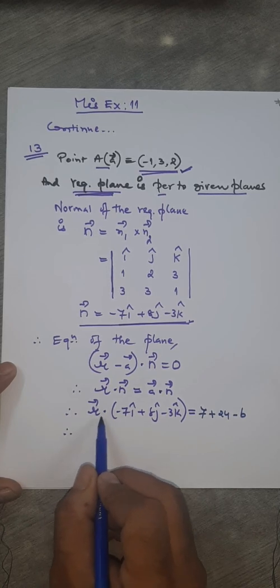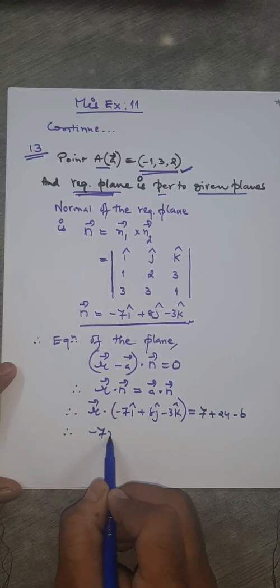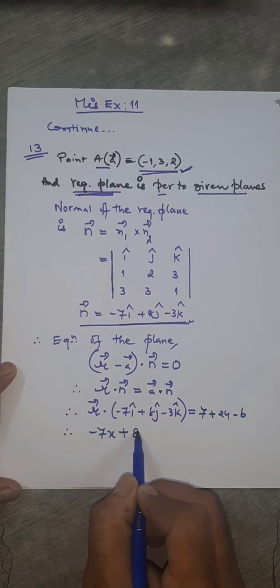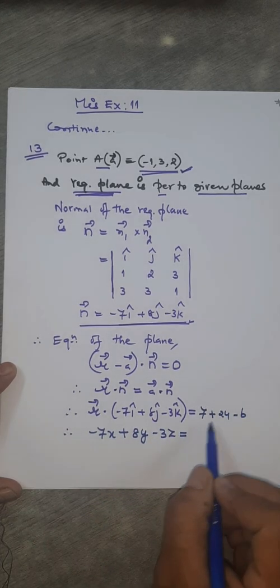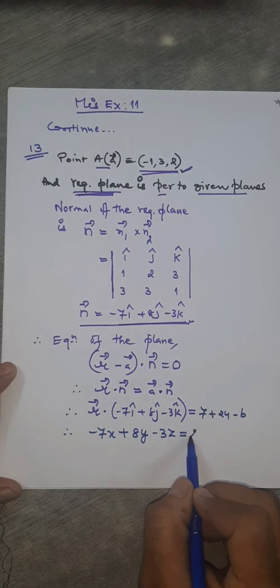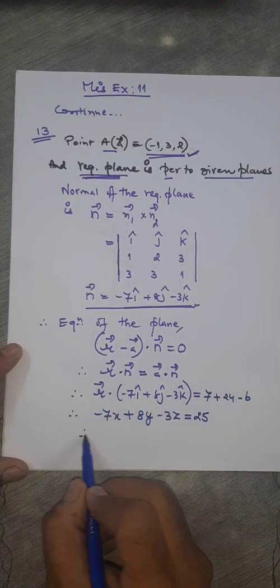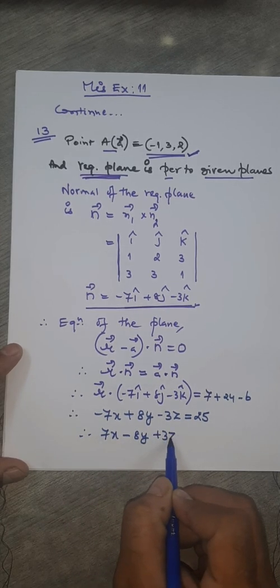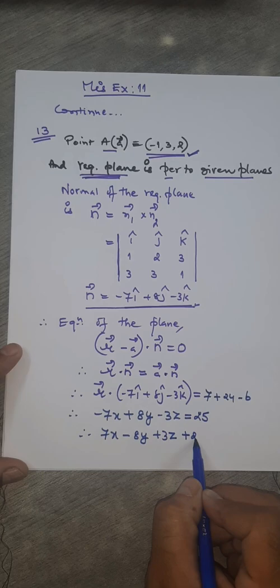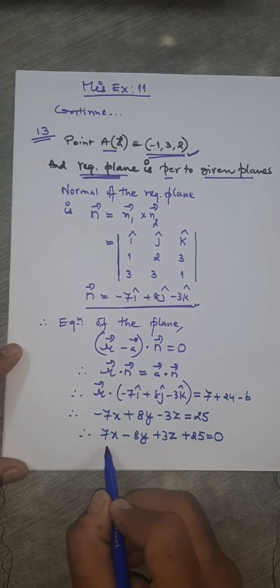So if I use that concept, you have minus 7x plus 8y minus 3z equals, how much? 25. So I'll take minus common, so I get 7x minus 8y plus 3z minus 25, so you have plus 25 equals to 0.